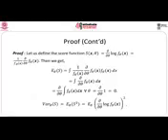Let us prove the above theorem. We define the score function S(x, theta) = del by del theta log f_theta(x) = 1 by f_theta(x) del by del theta f_theta(x). Now expectation of S is equal to integral of 1 by f_theta(x) into del by del theta f_theta(x) into f_theta(x) dx, which is integral del by del theta f_theta(x) dx.